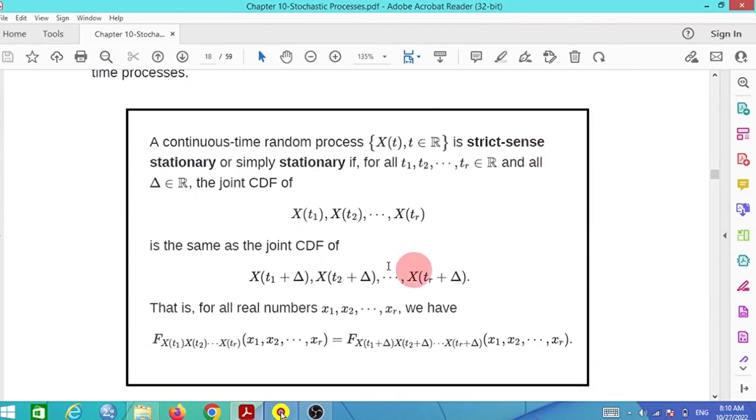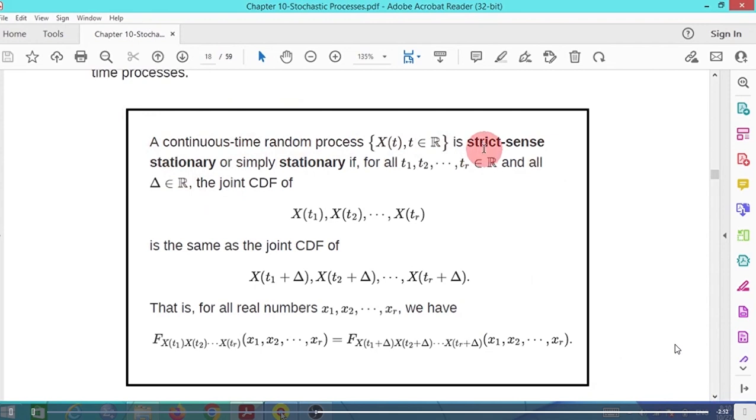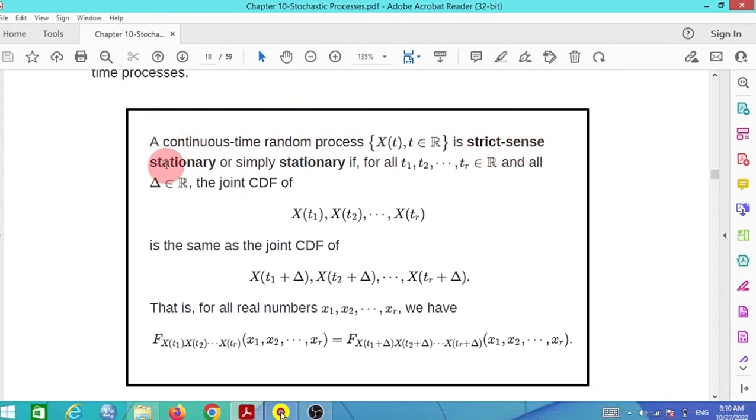A continuous time random process X(t) is strictly sense stationary, or simply we say stationary, if for all t1, t2, ..., tr and all delta, the joint CDF of this is the same as the joint CDF of this.